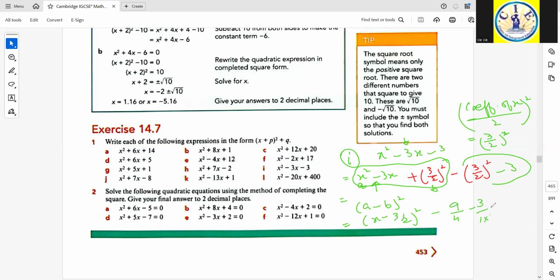Making their denominators the same, you get negative 9 and negative 12, which is negative 21 by 4. And that completes this question, giving p is equal to negative 3 by 2 and q is equal to negative 21 by 4.